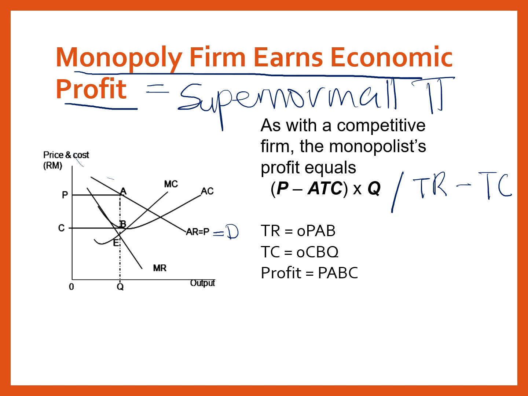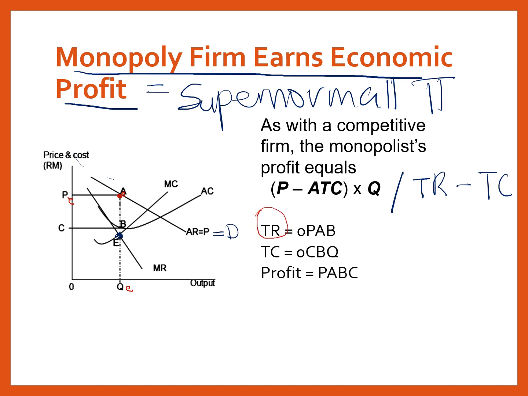Okay, so the MR touching the MC point here, the point E, so you tarik, saya tukar color, so you tarik, so you akan dapat quantity equilibrium, dan you akan tarik, dia touch dengan point A. At the point A ni means that you touch dengan demand, so this is the price. Okay, so this is the price, this is the quantity. So you akan dapat nilai untuk awak punya total revenue awak.